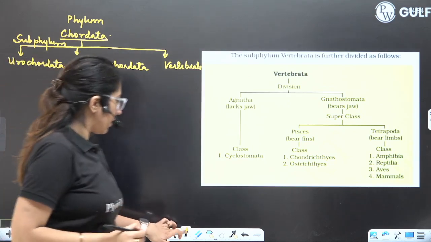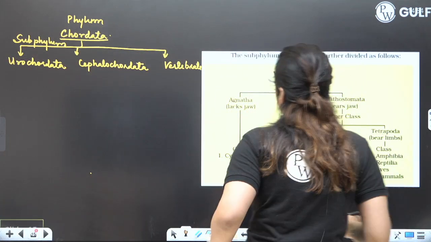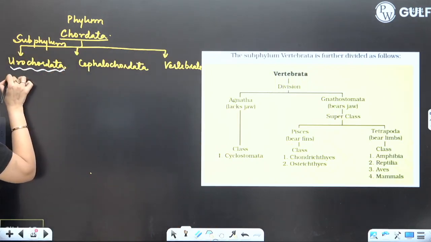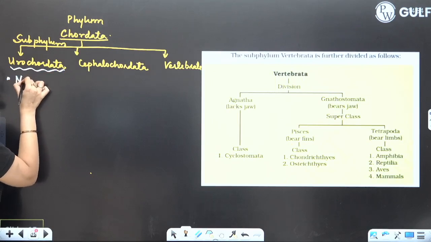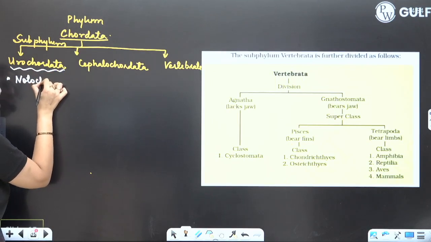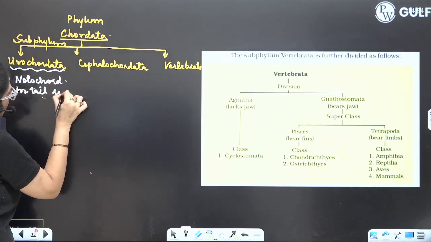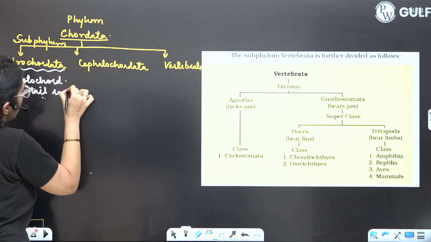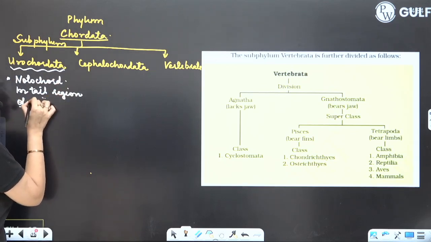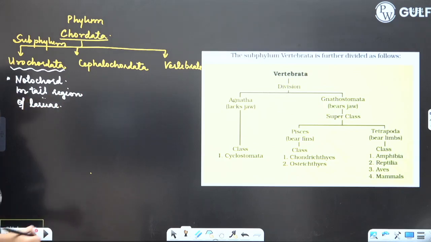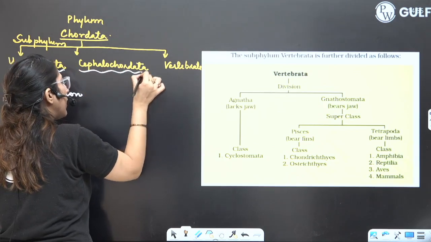Urochordata means that notochord is present only in the tail region of larvae, that too in the larval stage. In Cephalochordata, the notochord is present throughout life.